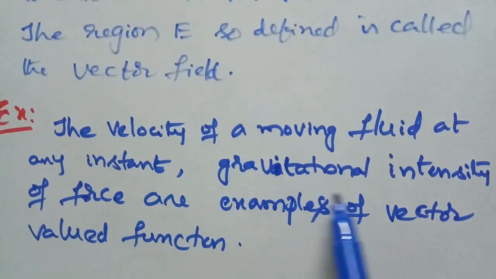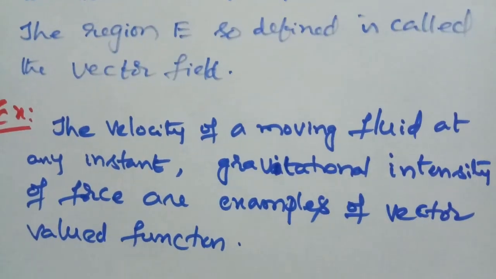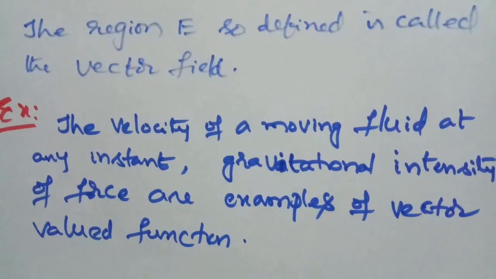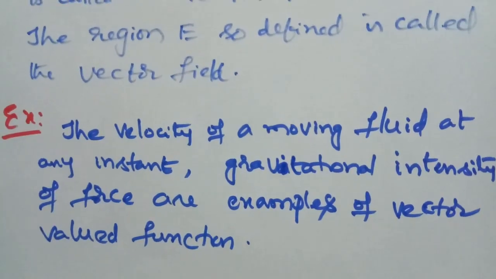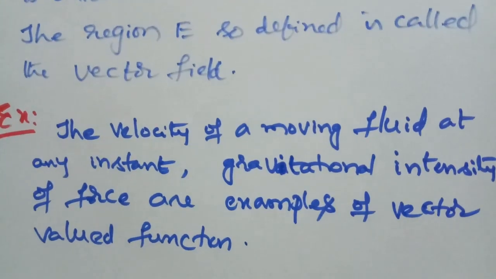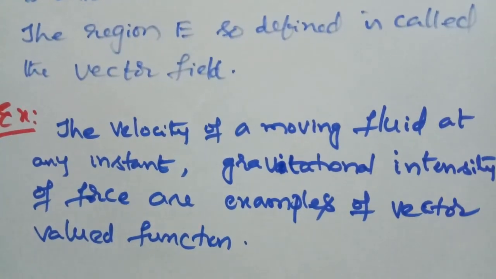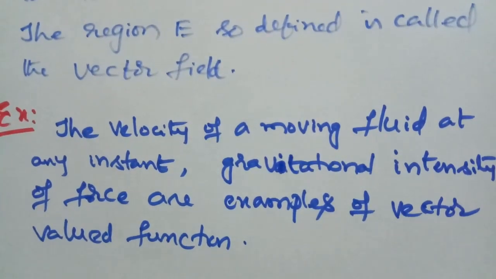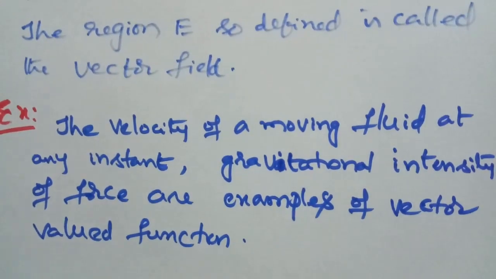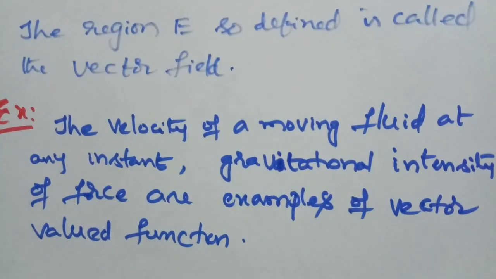And also gravitational intensity of a force, we are applying the force, so it also has both magnitude as well as a direction, so this is called a vector valued function. Like this, many functions can be defined as vector valued functions.